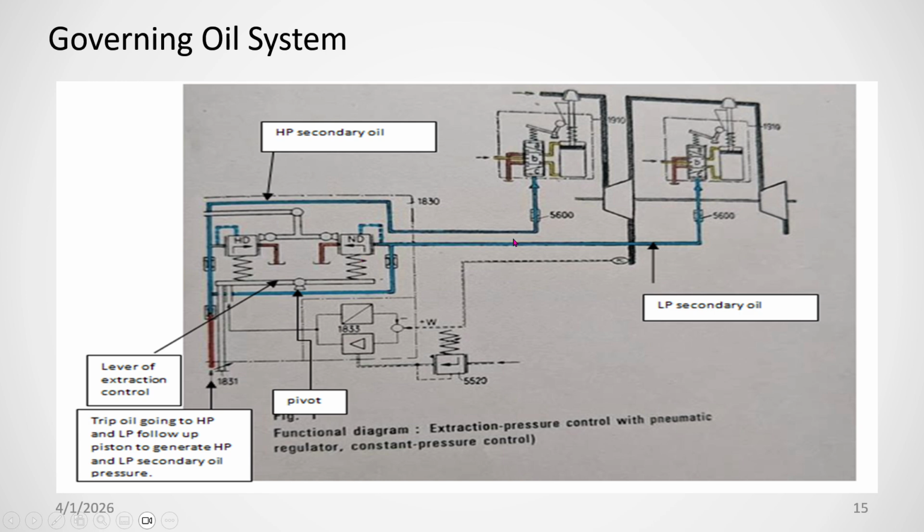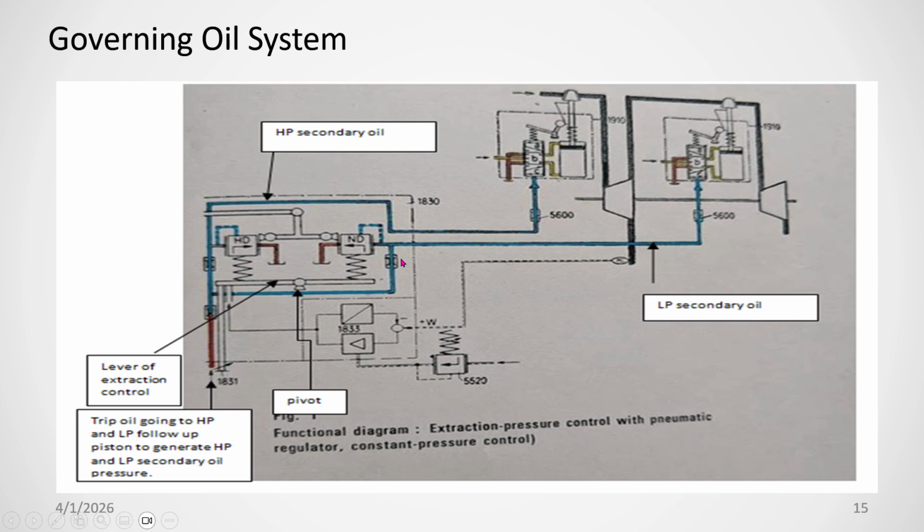This secondary oil line goes to the pilot piston, then the servo motor. This is the HP valve, and this is the LP valve. This will close the turbine extraction valve, so you are getting less or more extraction by this actuator.